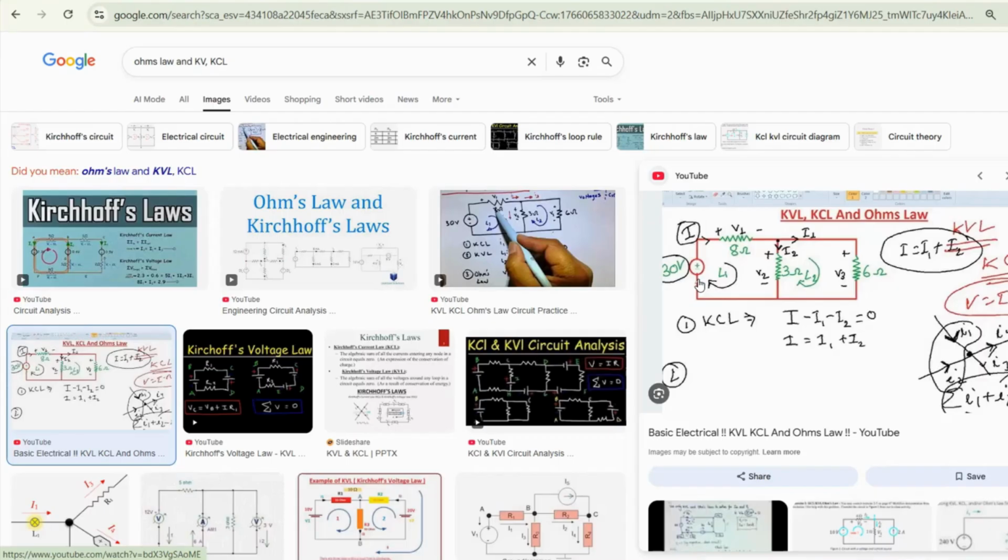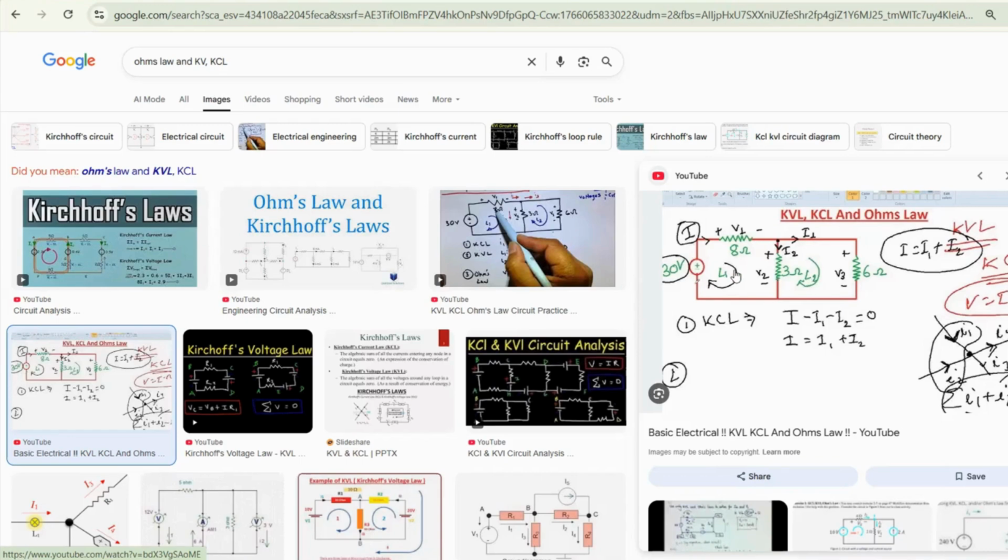But in this circuit, how many loops can you see? What is the meaning of loop? Loop means closed path. Here in this circuit, how many loops are there? 2 loops. Here the left side has one loop, named L1 and L2. 2 loops are there.